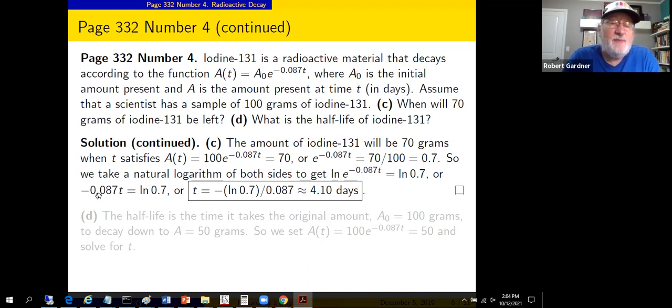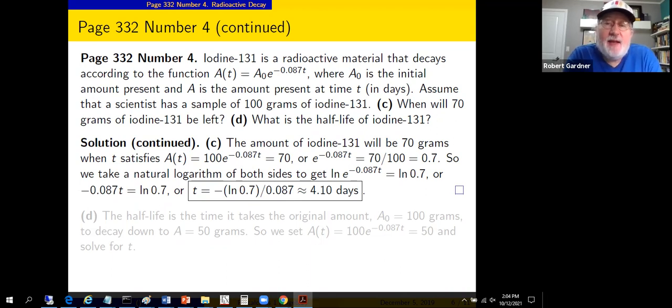Divide both sides by this coefficient, and t is exactly negative natural log of 0.7 divided by 0.087. This can't be negative time. Remember, the logarithm of 1 is 0, and the log of a number less than 1 and positive is negative. So this log of 0.7 itself is negative, and in fact, this is positive as it should be. I ask the calculator, and it tells me it's 4.10 days.